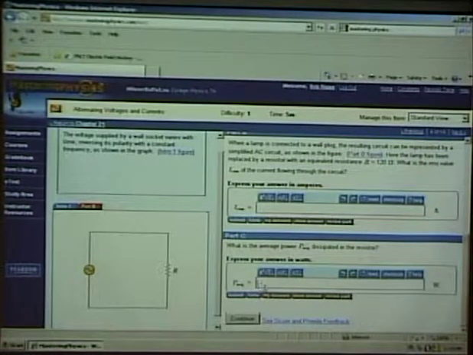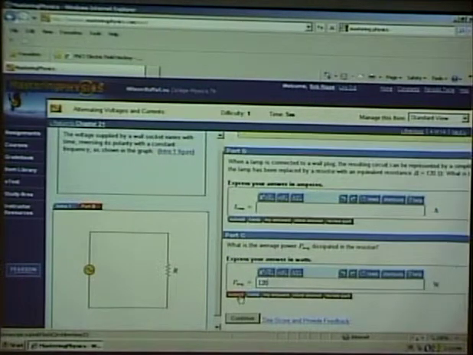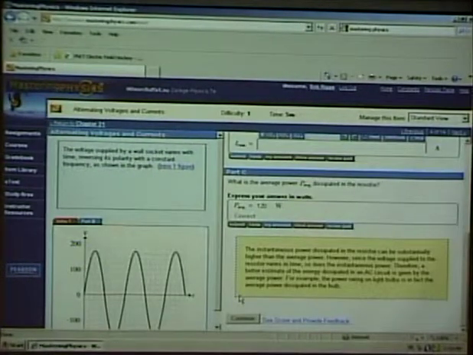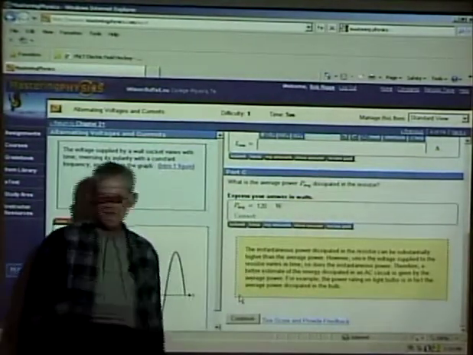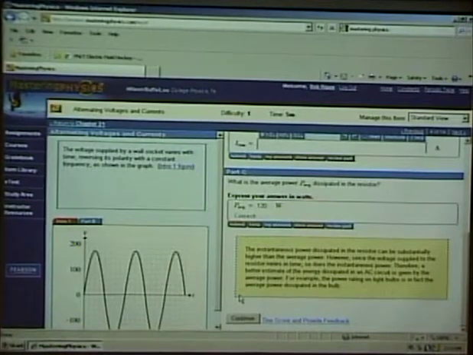Yep, I get 120 that way. If you do 170 times the square root of 2 divided by 2, you get the exact same answer. You get 120. Yeah, you should. Okay. All right, what else? What other tortures do they have here?